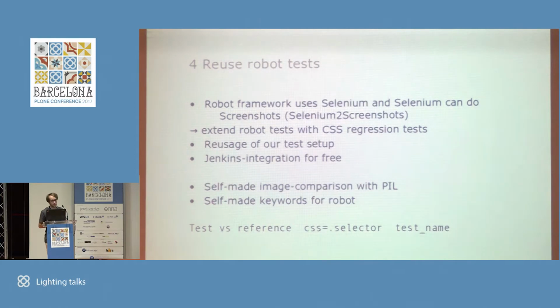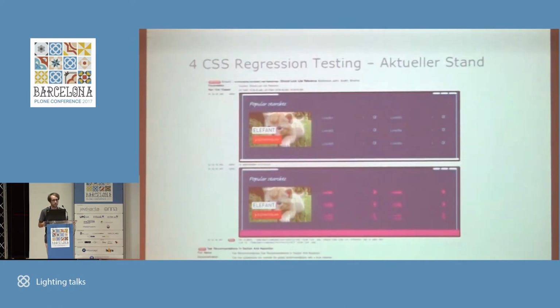We have a self-made image comparison, which is not rocket science, and self-made keywords, and now we can use this keyword on the bottom to simply fire a CSS regression test. Then this is what it looks like in the test report. There is a difference, as you can see.